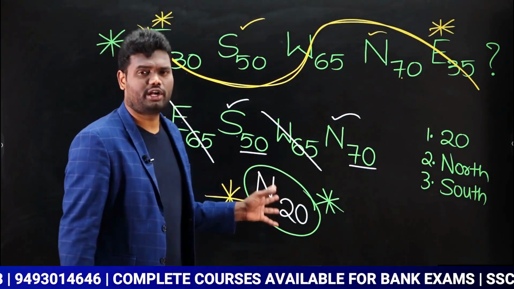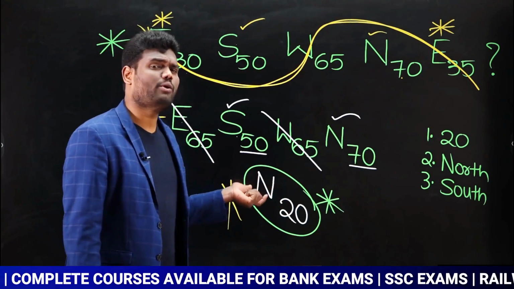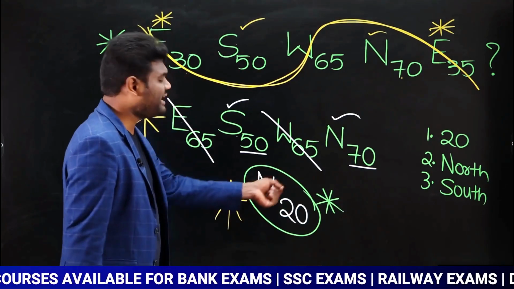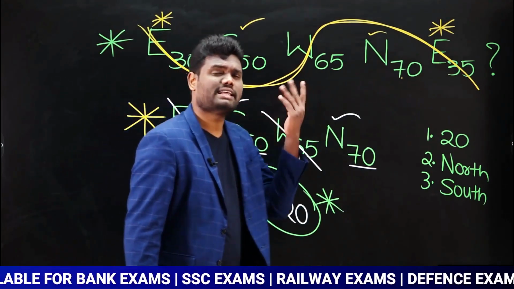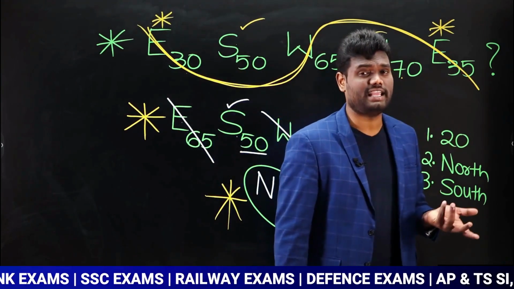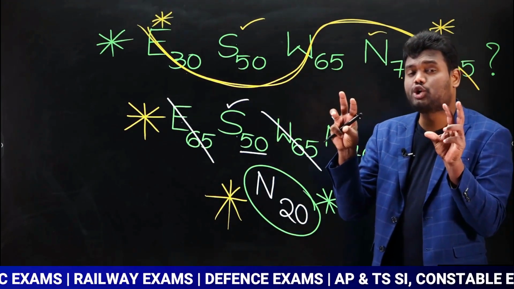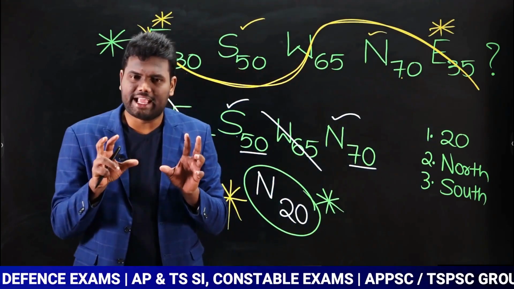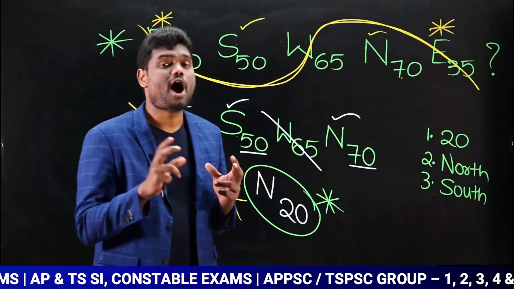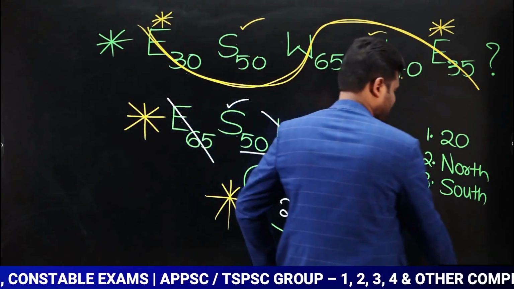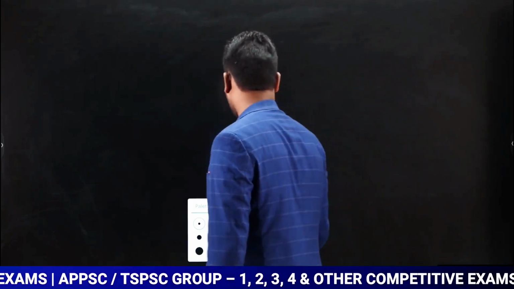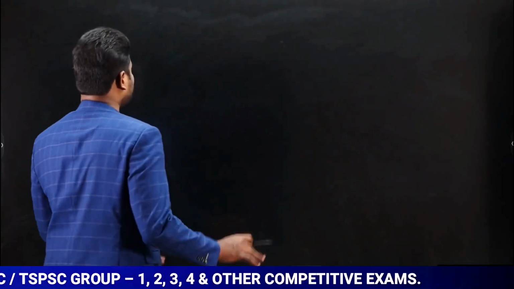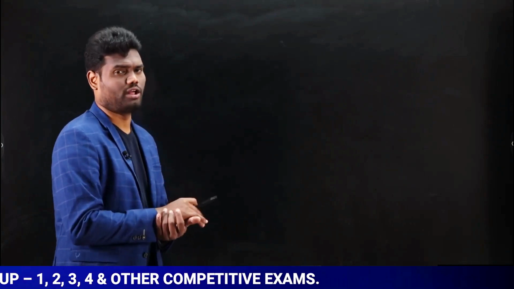Here finally I am left with only one, so I directly say north, or south, or east. What happens if I get two directions? Then many students are in doubt. Don't worry, even if you get two directions, how to solve them we are going to discuss now with a simple example. Observe here carefully. Very, very simple. It's just a matter of knowing the concept.